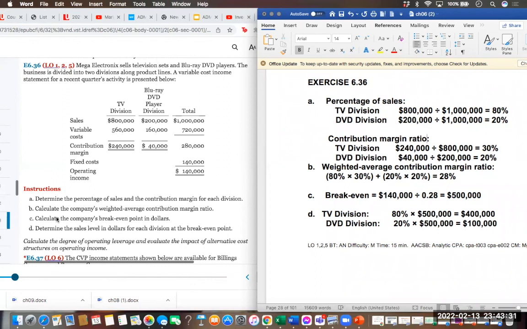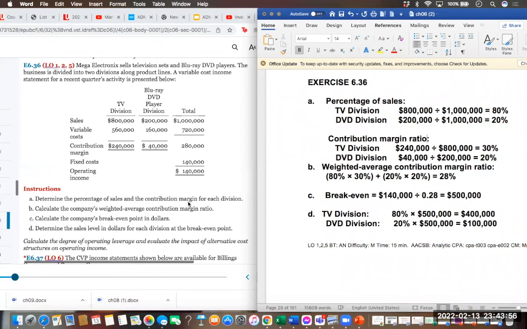If they had asked us to calculate the contribution margin per unit, then we would have had an idea, oh okay, we're probably going to calculate the break-even point in units. And at the same time, we would have also calculated our percentage of sales in units as well.